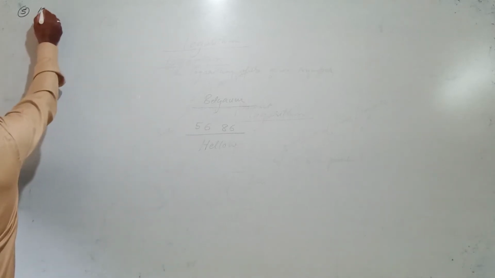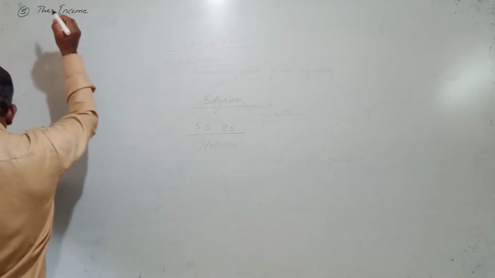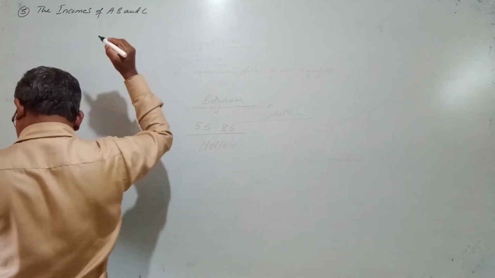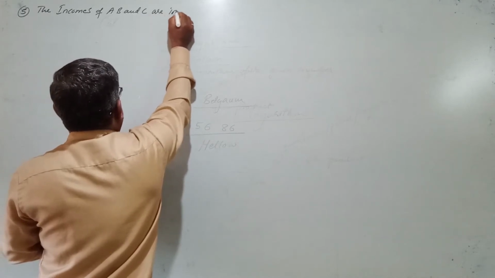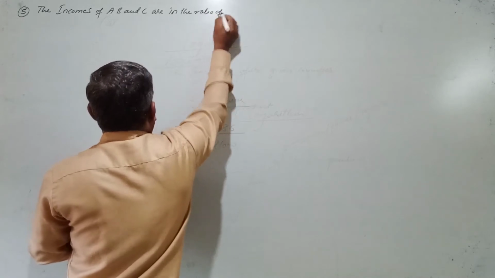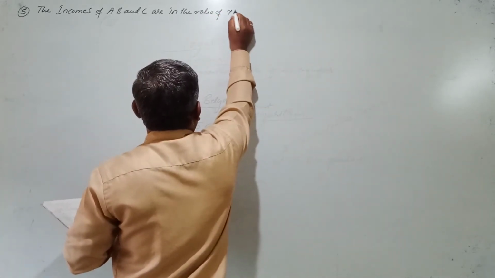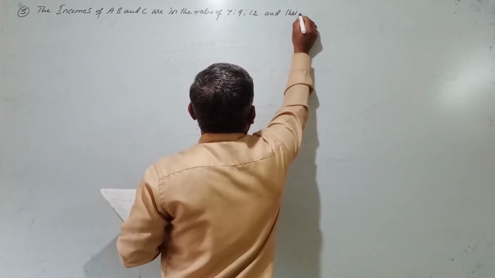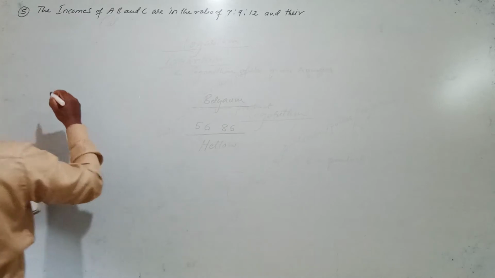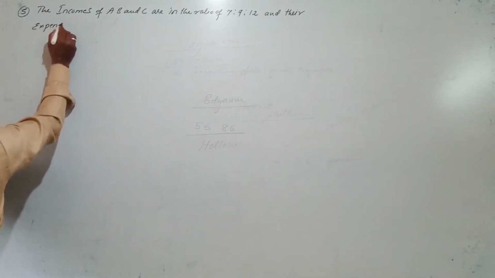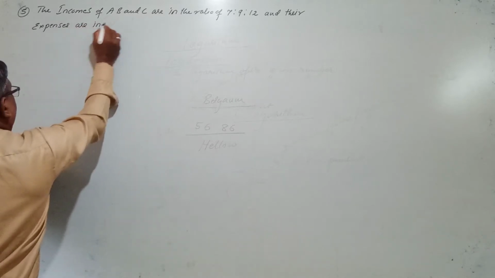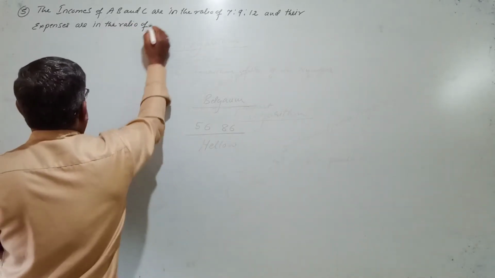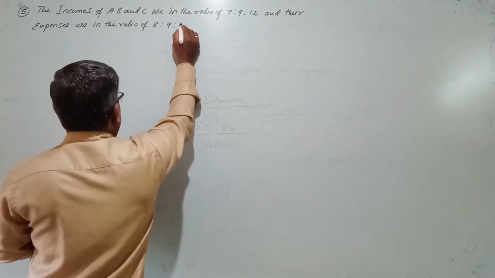The problem is: the incomes of A, B and C are in the ratio of 7:9:12, and their expenses are in the ratio of 8:9:15.